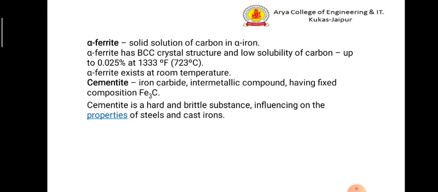Alpha ferrite exists at room temperature. Then next is cementite, an iron carbide intermetallic compound having fixed composition Fe3C. Cementite is a hard and brittle substance influencing the properties of steel and cast iron.